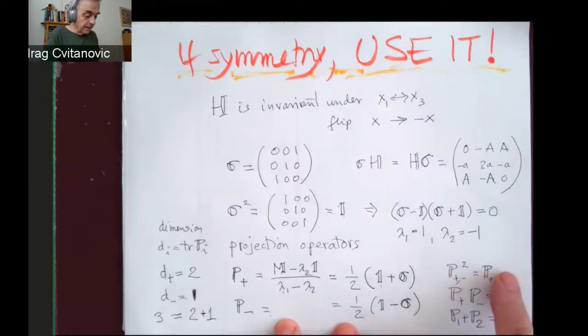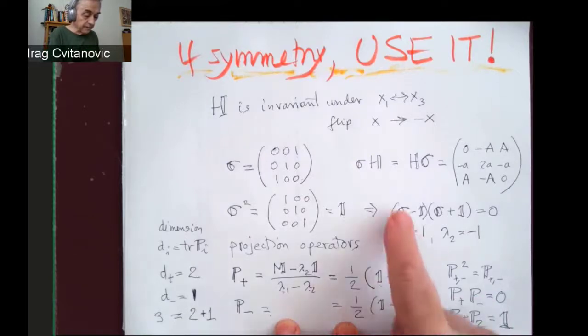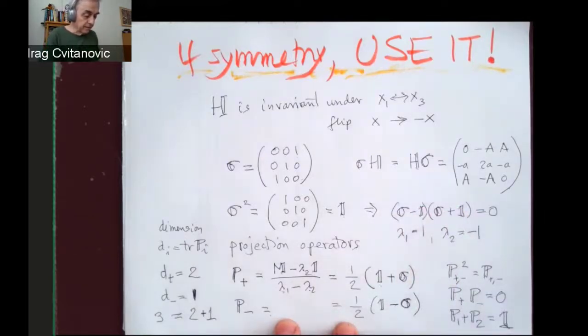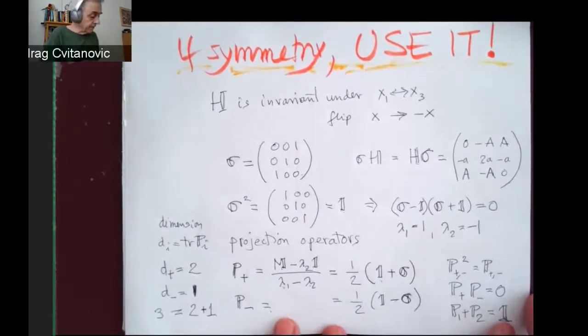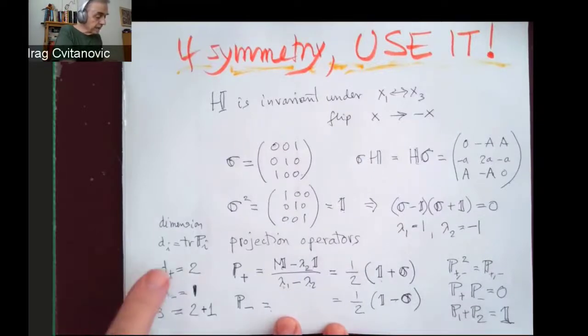If I square either one of them, I'll get it back. Simple calculation. If I take a product of the 2, that's Hamilton-Cayley, that's 0. And if I add them up, sigmas cancel, and I get 2 times 1/2 identity, so I have completeness. So I have 2 spaces, and we can compute their dimensions.